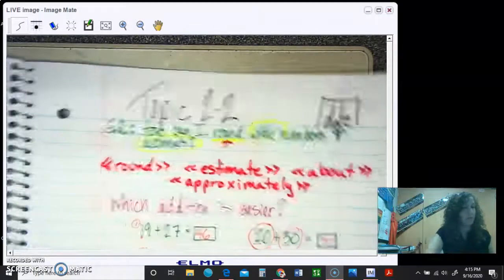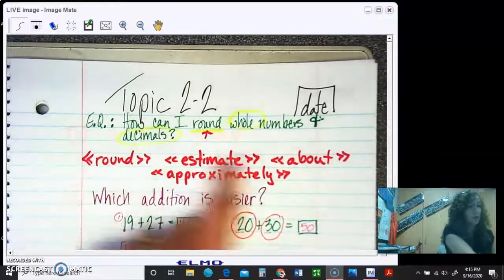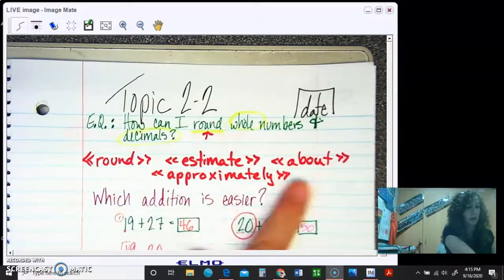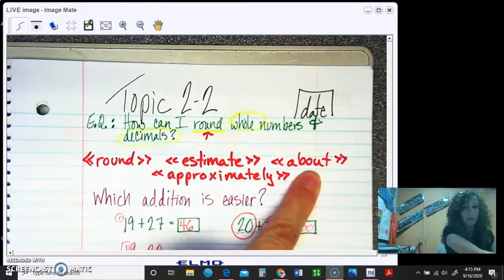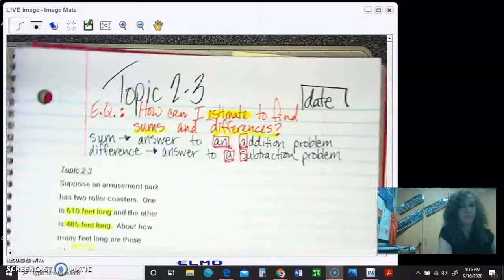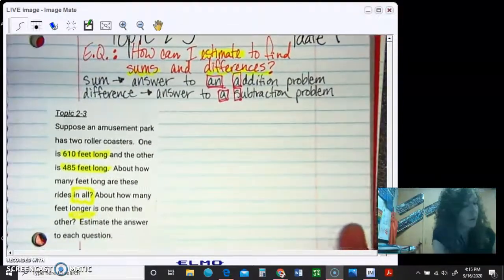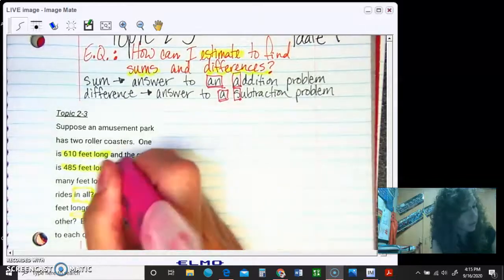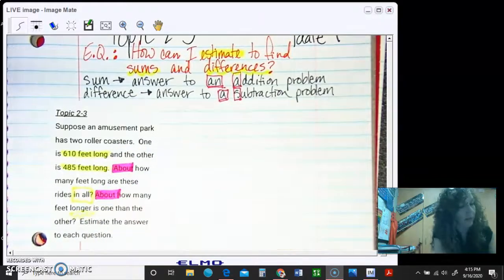So if we go back and look at our previous notes, topic 2-2, look at these words that let us know that we're estimating. Notice that? That's in our word problem, the word "about." We've got "about" right there and "about" right there.